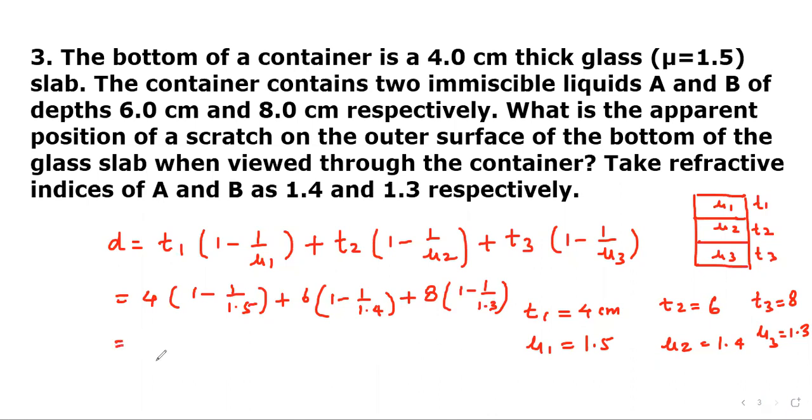So this will become 4 times (1 minus 2 by 3), since 1 upon 1.5 means 2 by 3, plus 6 times (1 minus 5 by 7), since 10 by 14 is 5 by 7, plus 8 times (1 minus 10 by 13).